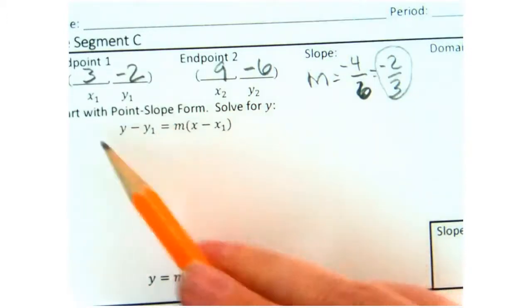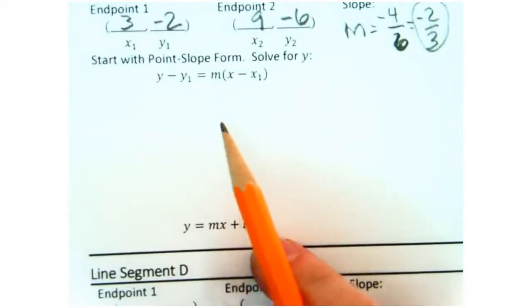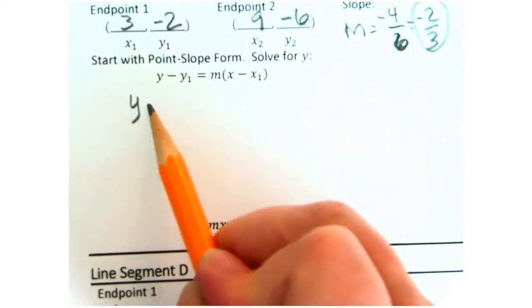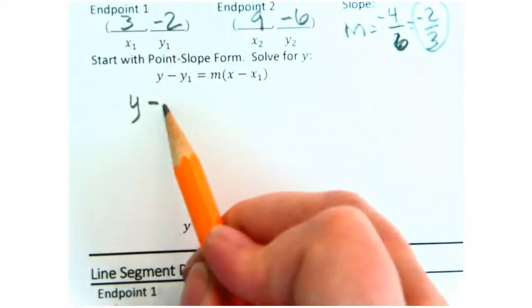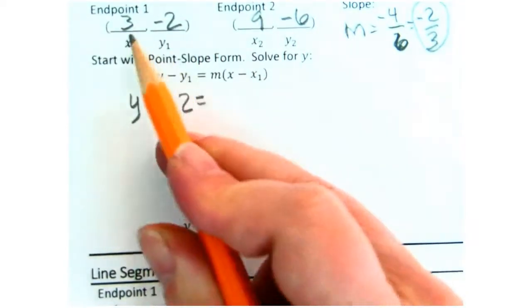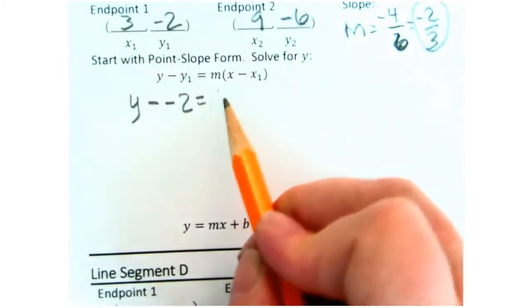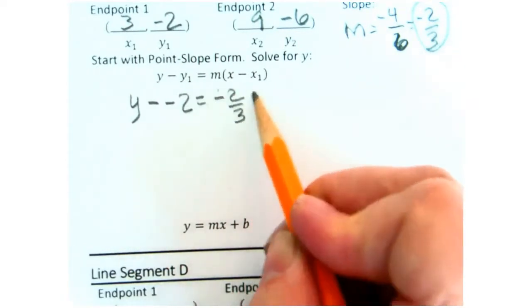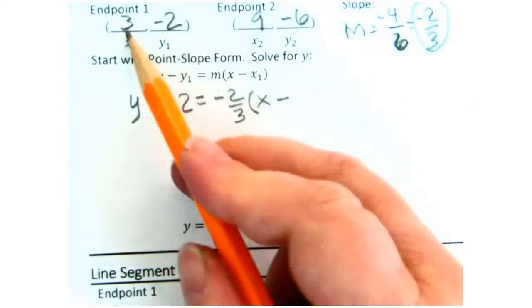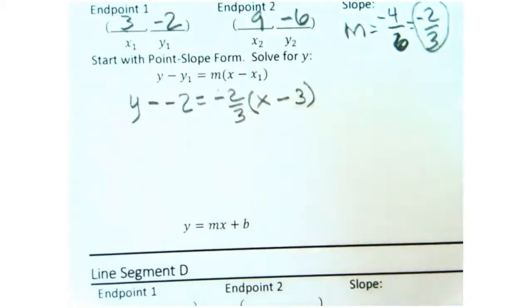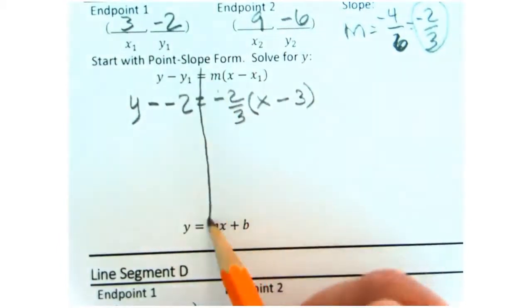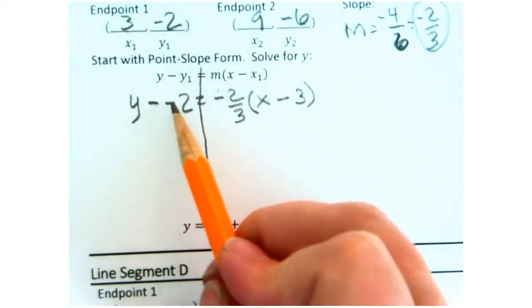Now fill in the formula using the first point. Y minus negative 2 equals the slope, negative 2/3, parentheses x minus 3, close parentheses. Change the minus minus to a plus.